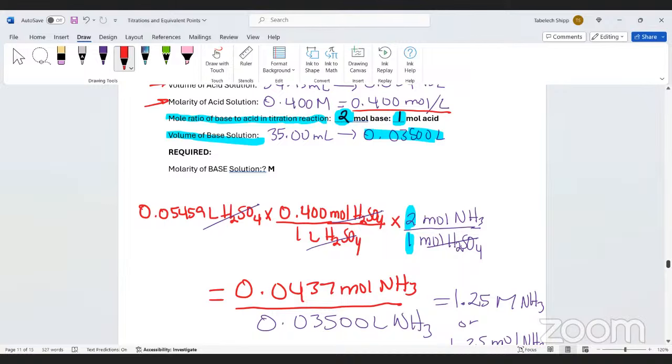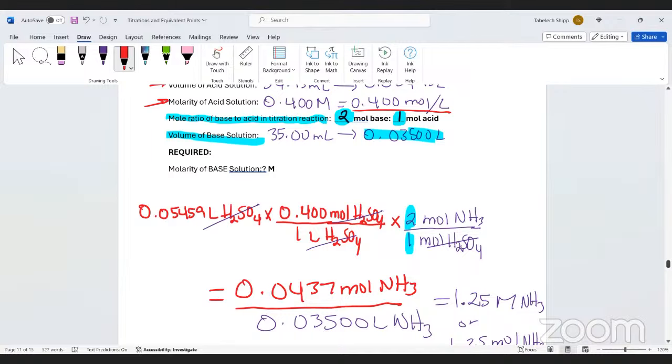The final answer would have been 0.625 because you did not use the 2 as that last step. Someone had asked, isn't this just an M1V1 equals M2V2 problem? Yes, it is, but you also need that extra step of multiplying by your mole-to-mole ratio using your balanced equation. If you forgot to use the coefficients and didn't do that last step, you would get the problem wrong.